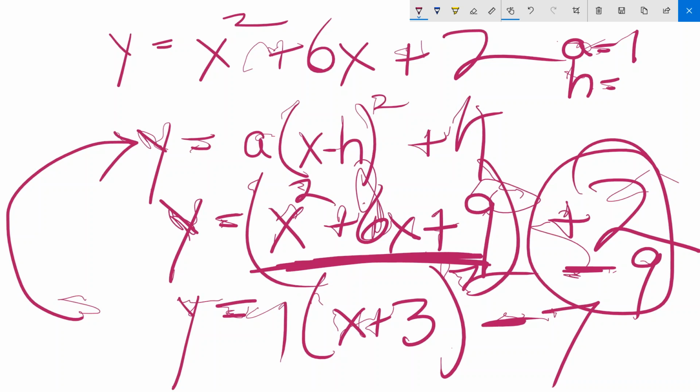If x minus h equals x plus 3, what is h? It's minus 3. Now, do you see where x minus a minus 3 comes out to be x plus 3? That's why h is minus 3. In other words, you have to let h be whatever it has to be so that x minus h equals x plus 3. The only way that can happen is if h is minus 3. How about k?